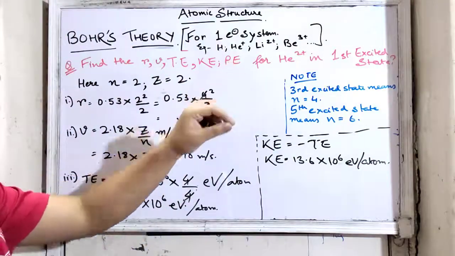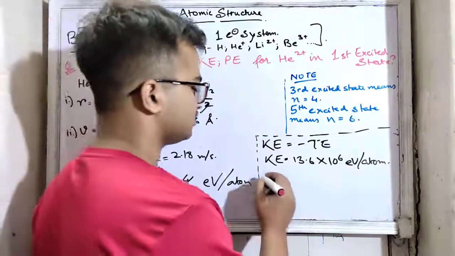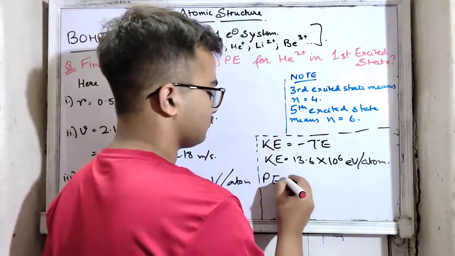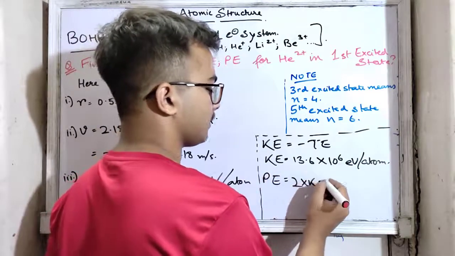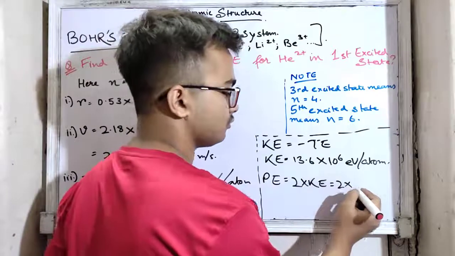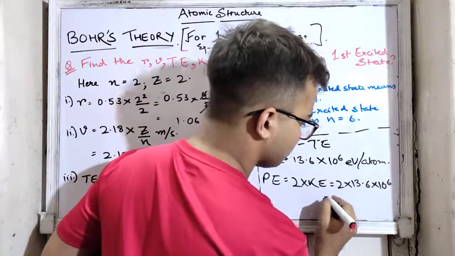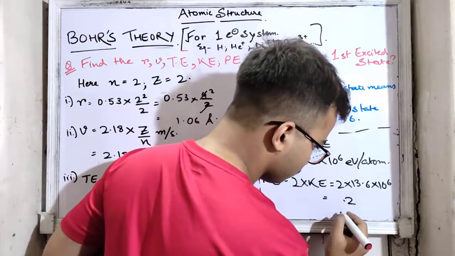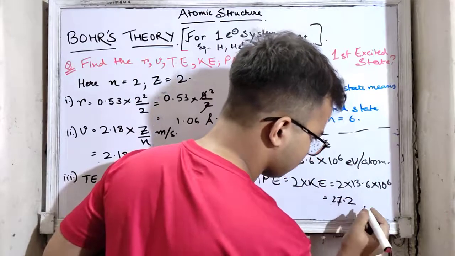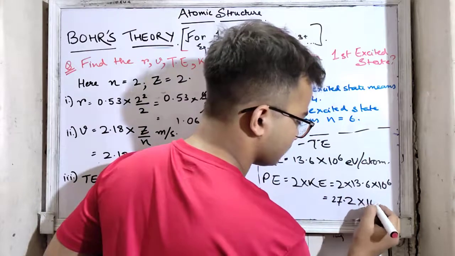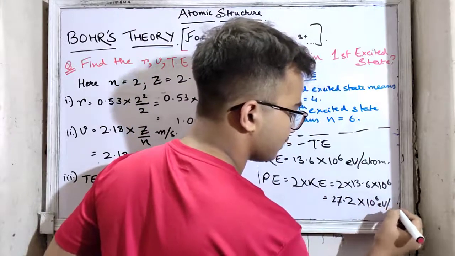After that they are asking for the potential energy. So potential energy is twice the kinetic energy, equal to 2 into KE, equal to 2 into 13.6 into 10 to the power 6. Answer comes 2.72 into 10 to the power 6 electron volt per atom.